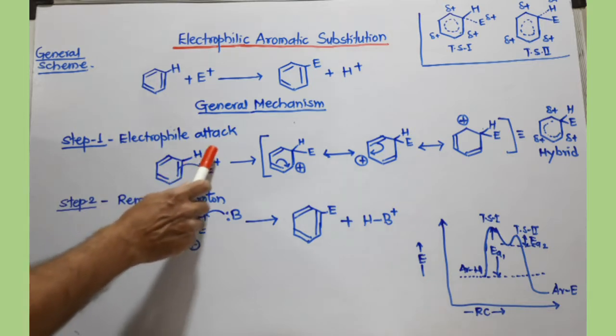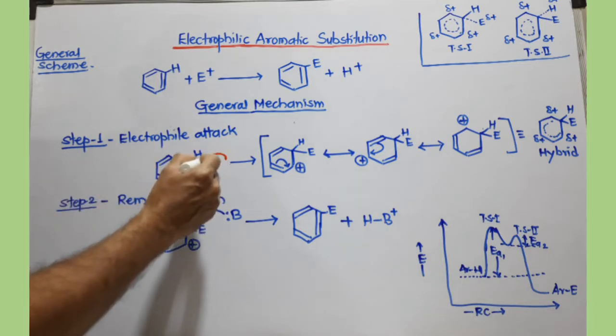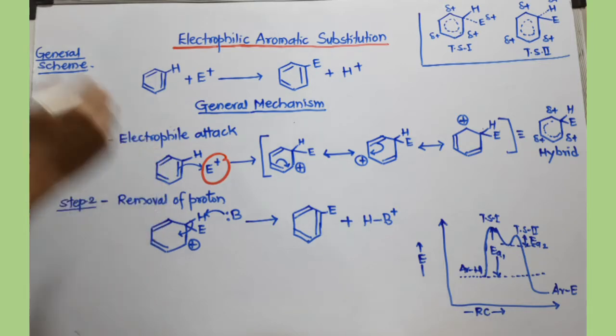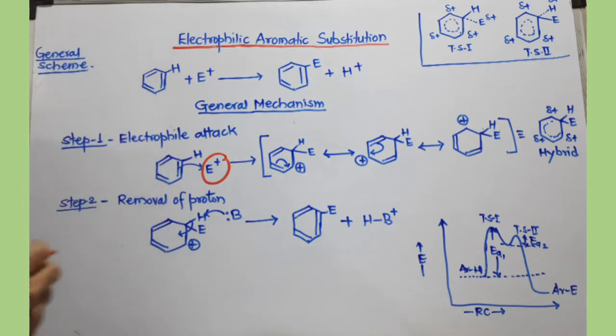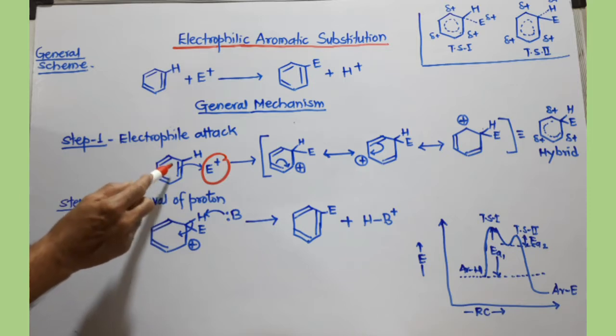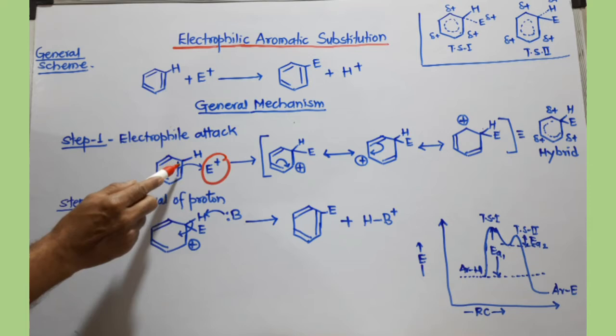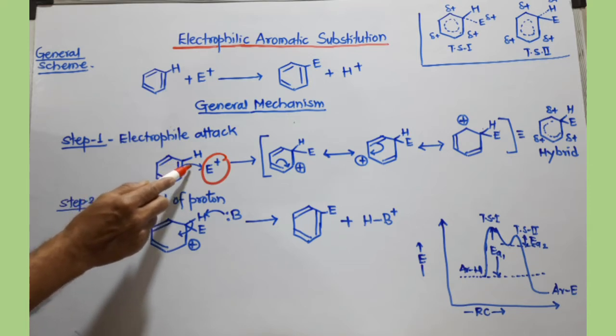If this electrophile wants to form a bond with this ring, we need a pair of electrons, and that pair is taken from the pi bond. So if you want to join this E here, you have to remove this pi bond outside.